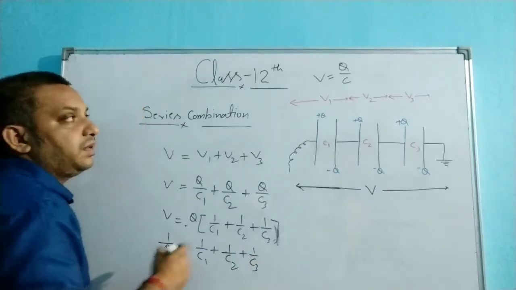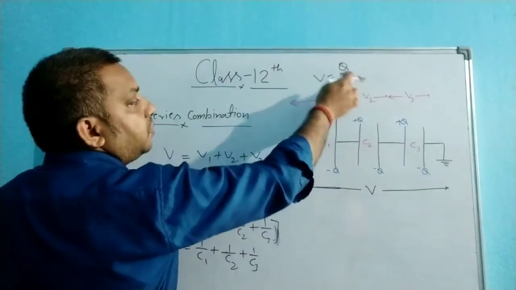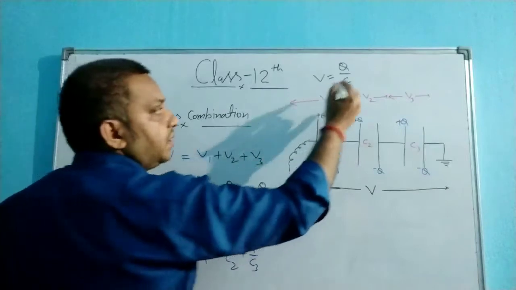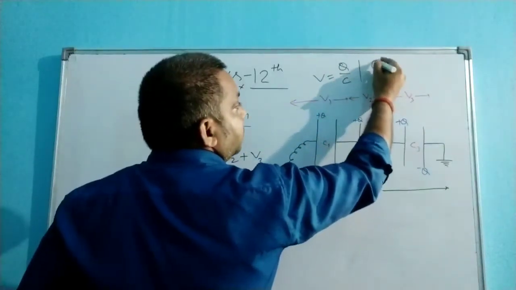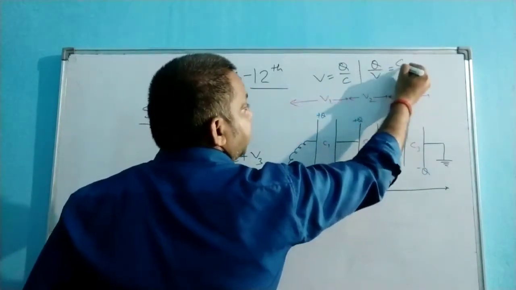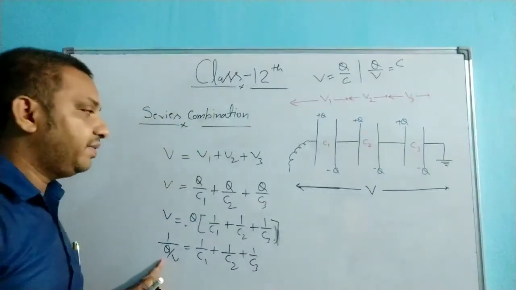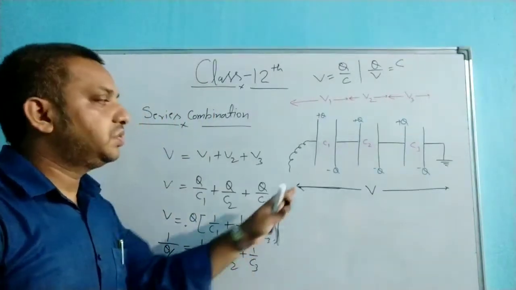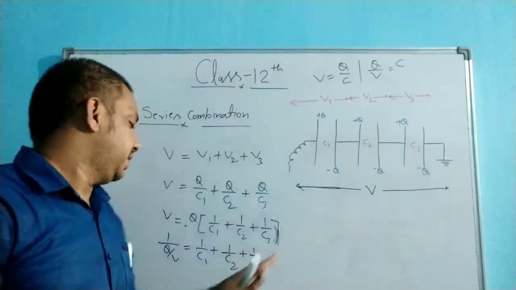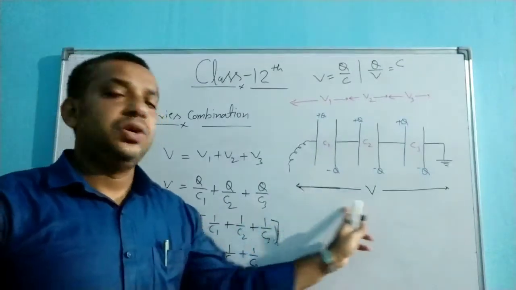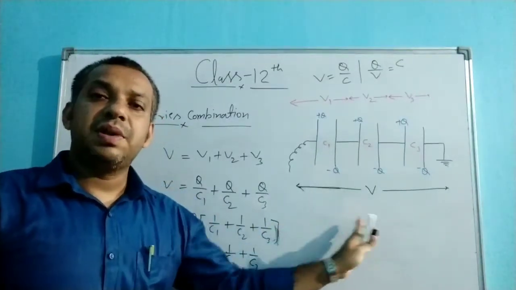And what is Q by V? From this formula you can see that Q by V is basically the capacitance C. Q is the total charge supplied by the cell, and V is the total or applied voltage.